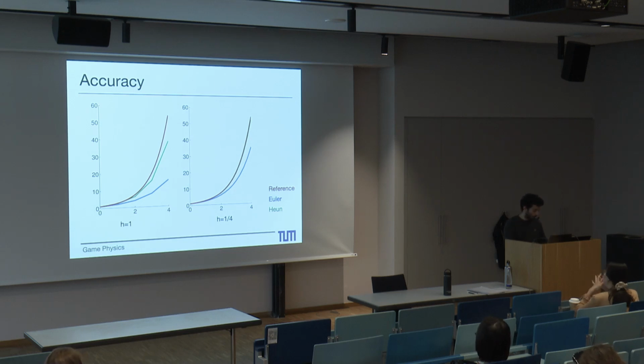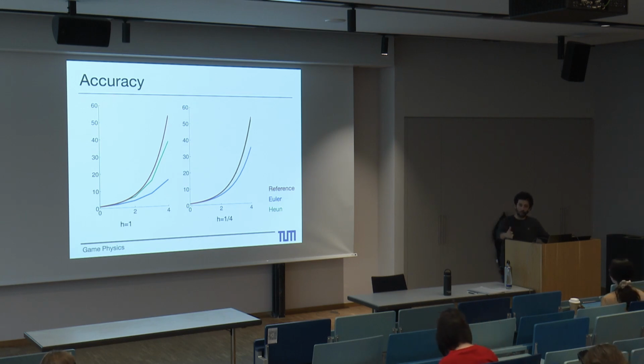But in general, these methods are typically conditionally stable, which means that if a certain condition is met, then the method is converging, otherwise it's not converging. So in general, if it is conditionally stable, it means that there is a threshold that gives you an upper limit on the size of the step that you can take.